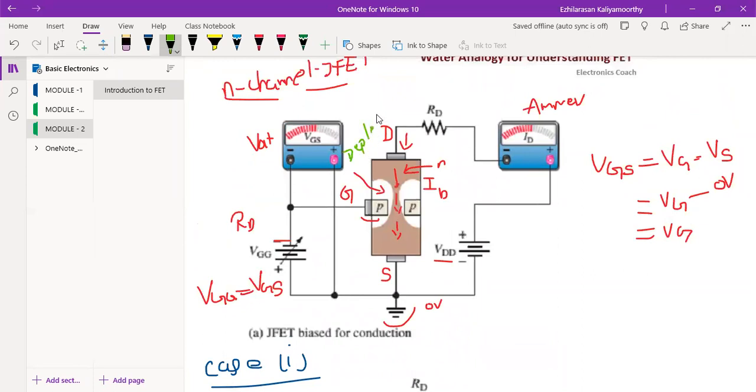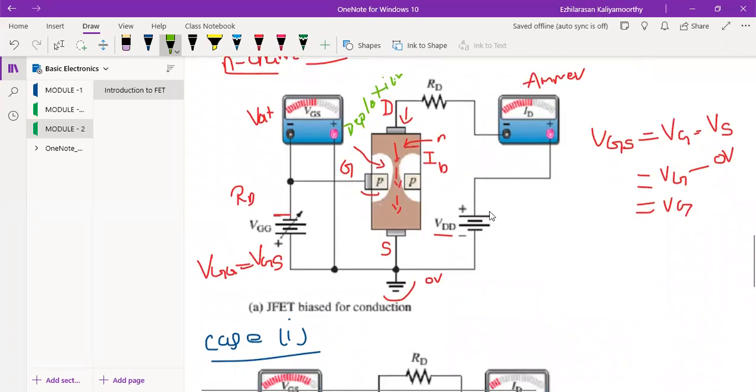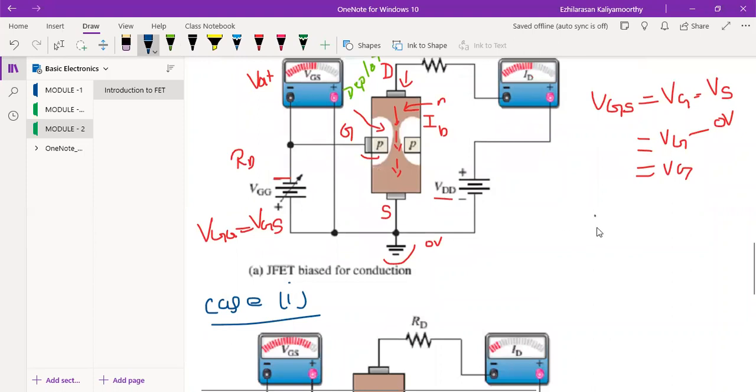Why is it a depletion region? You remember your PN junction diode. What will happen in the PN junction diode? For example, this will be your P type. This is also a P type.